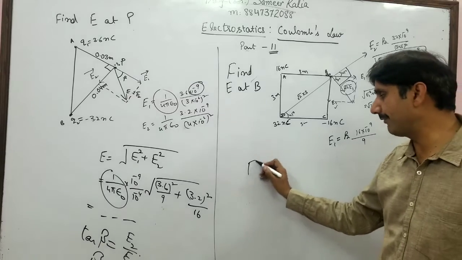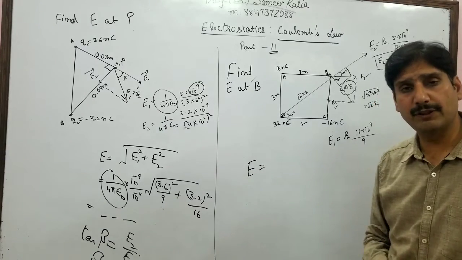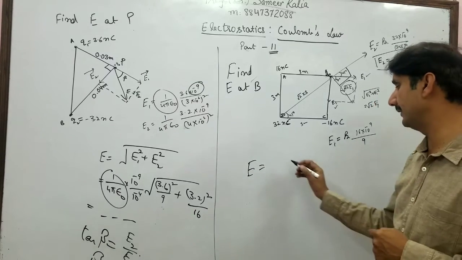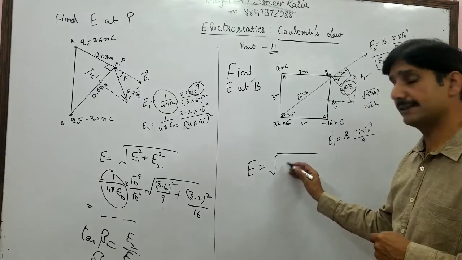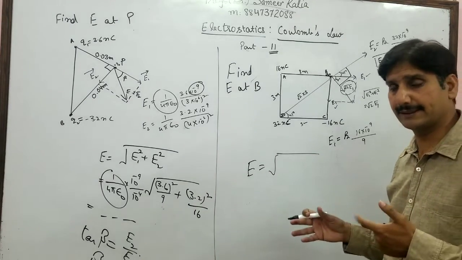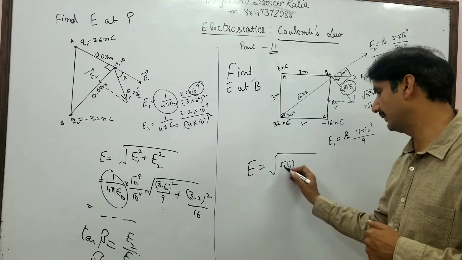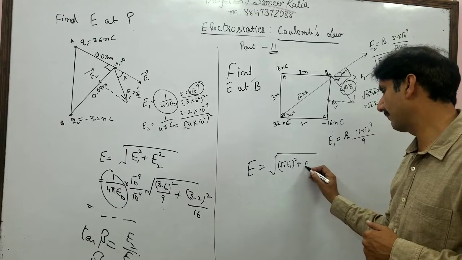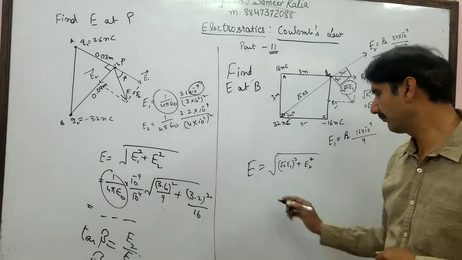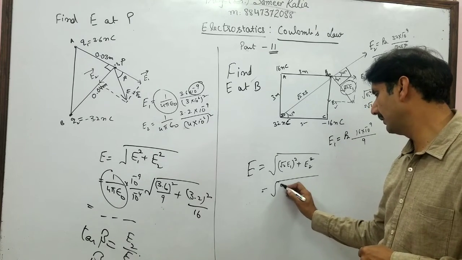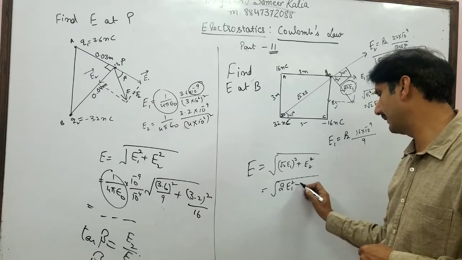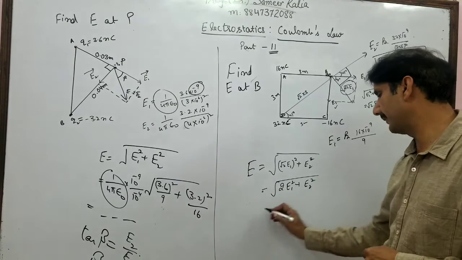So what would be the final resultant electric field? It will be the square of the first vector plus the square of the second vector under the root. That means under root 2 E1 square plus E2 square, which turns out to be 2 times E1 square plus E2 square.